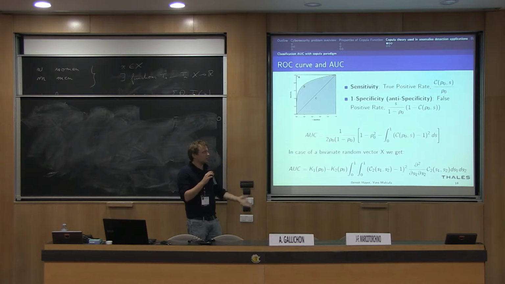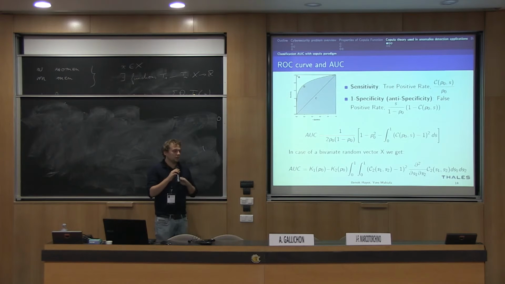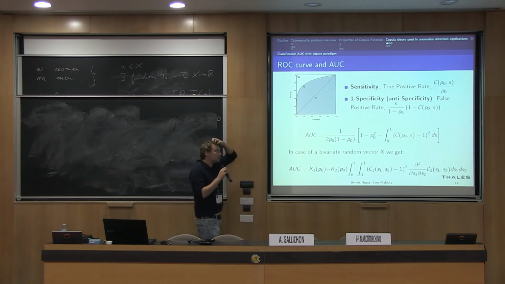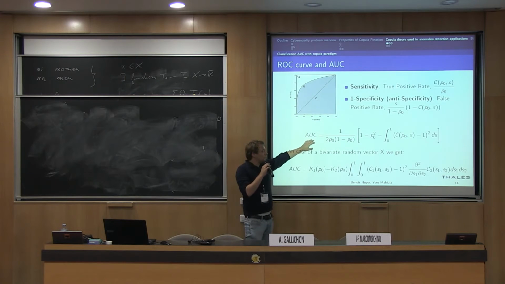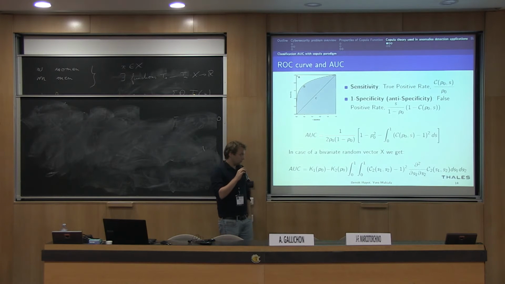So I want to detect all the attacks, but I don't want to make any error. It's possible to write the true positive rate and the false positive rate according to a copula function, and to rewrite the AUC using the same copula function.